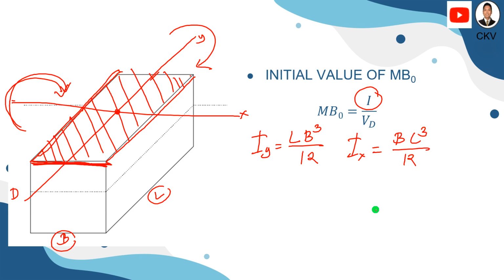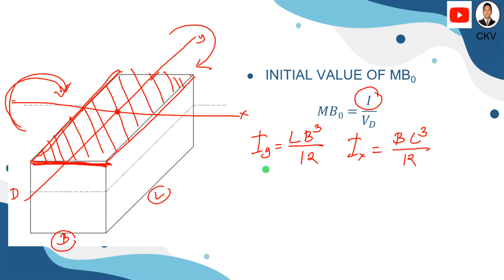So now we will compare which moment of inertia will give us the lesser value, either on the x-axis or the y-axis. The higher the value of the moment of inertia, the more stable it is on that axis.